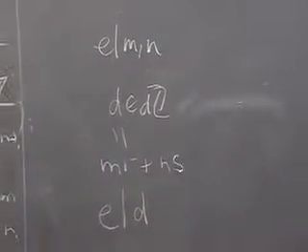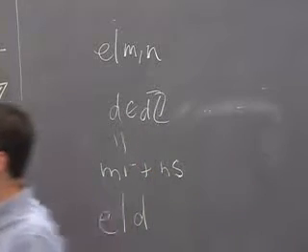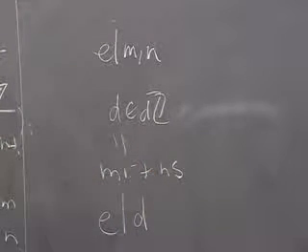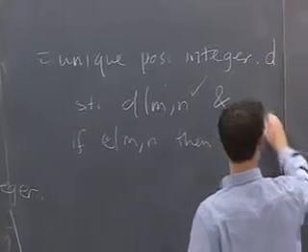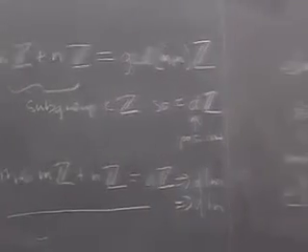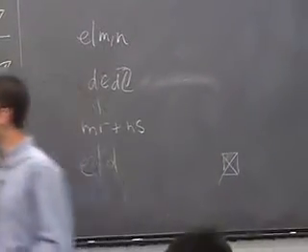Is that clear? So this is exactly the characterizing property. This d divides m and n, and if something divides m and n, then it divides d. So we've verified the properties and we've proved the lemma. So there you go.